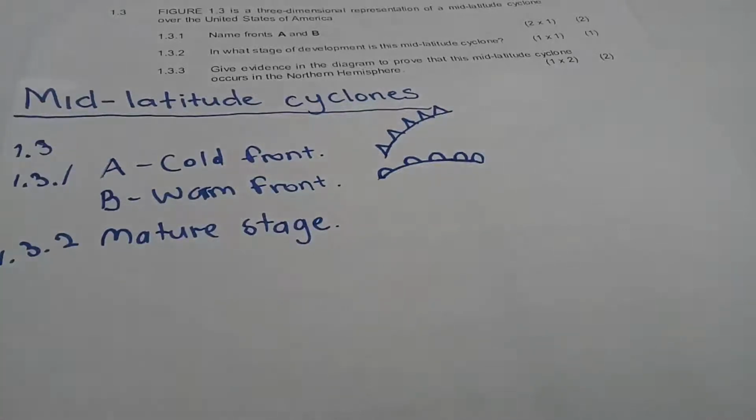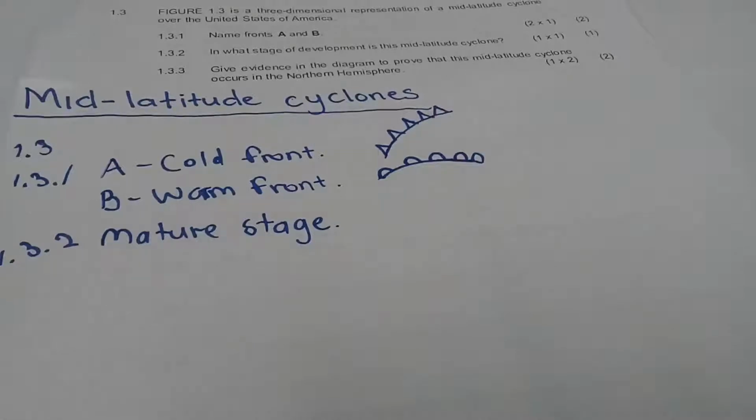In the initial stage, this is whereby the cold winds, which originate from the polar front, the polar easterlies, meet the tropical westerlies at 60 degrees south and north of the equator, right?